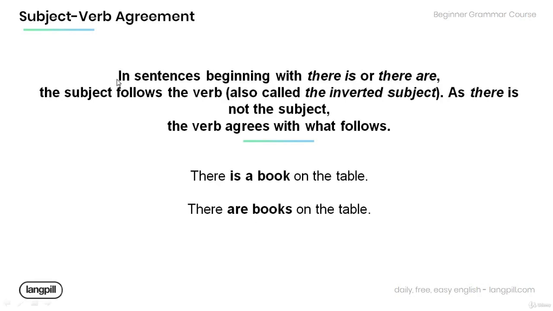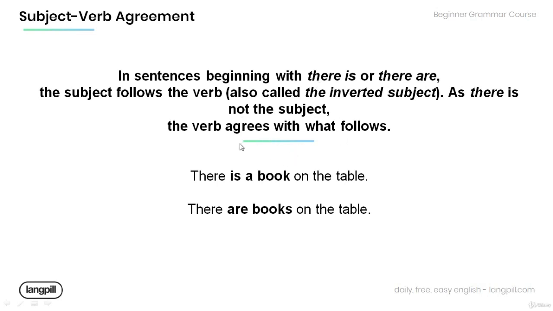Also remember that in sentences beginning with there is or there are, the subject follows the verb, and that is also called the inverted subject. As there is not the subject, the verb agrees with what follows.